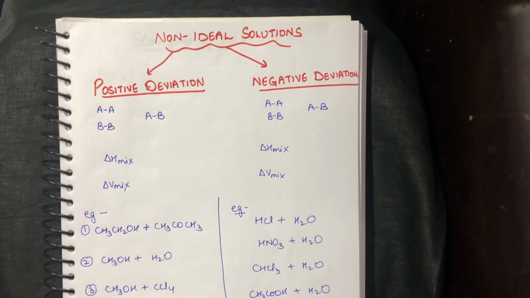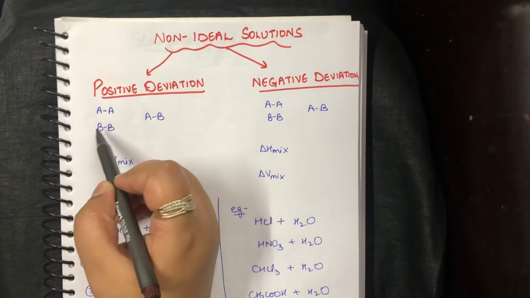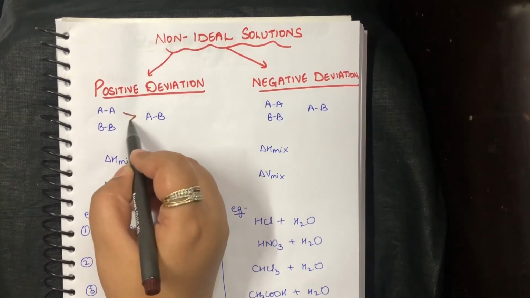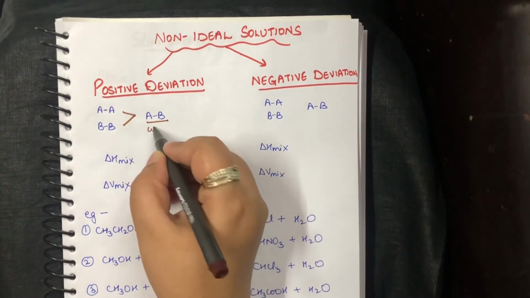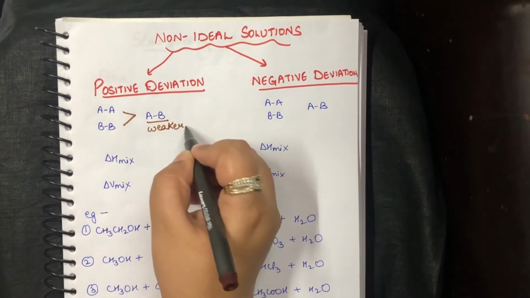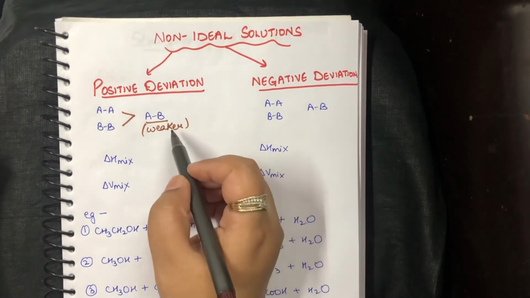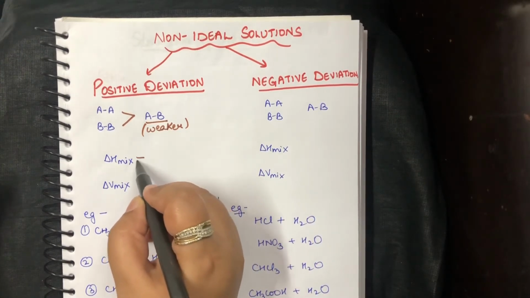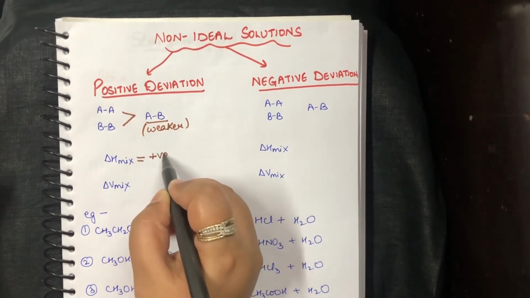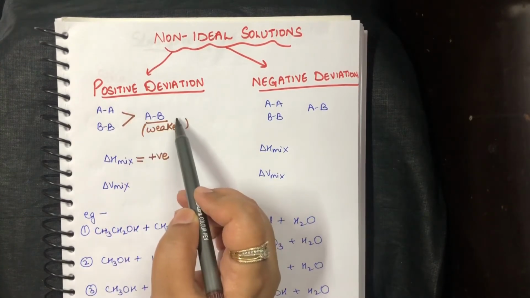When I'm talking about positive deviation, I say that the interaction between the solute and solvent molecules is weaker than the interactions in the pure components. So when I'm talking about delta H mixing, heat has to be provided to break the stronger bonds and convert it into a solution.